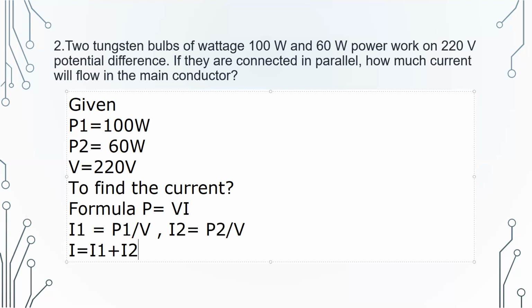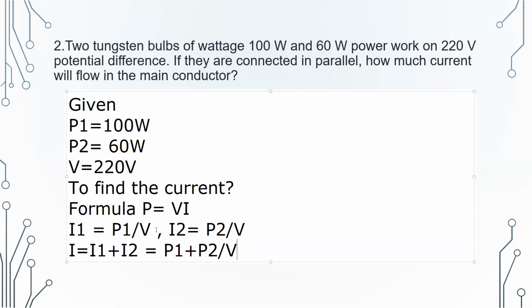So we can substitute these values in this equation. That is, I is equal to P1 upon V plus P2 upon V. Denominator is same. So we can write this equation as P1 plus P2 upon V.